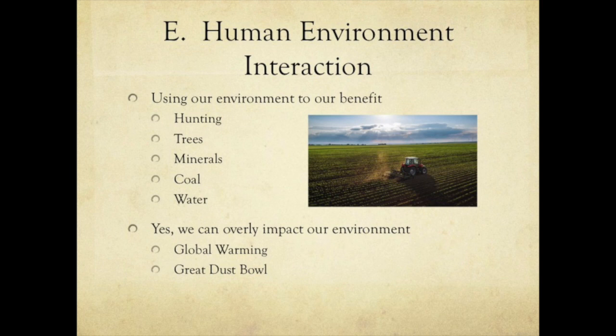But we can also impact our environment from overuse of things. If you think about the rainforest in South America, we just cut it down, and then of course it affects our climate. Global warming is, whether you believe it or not, there is something going on. Right now, we're in September, and we're facing 90-degree days.